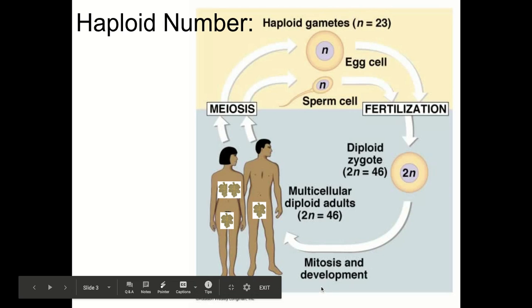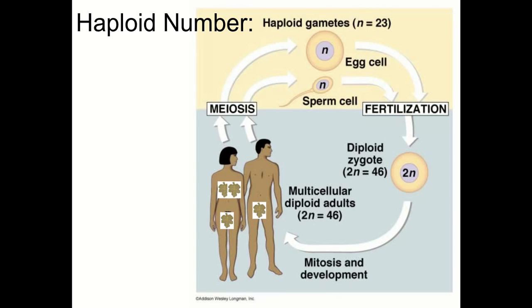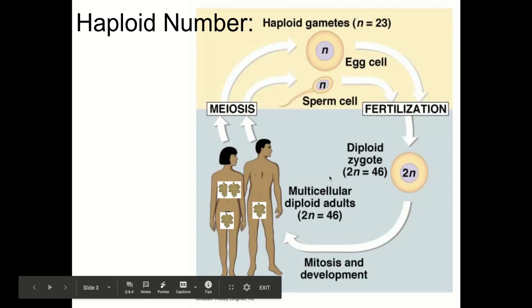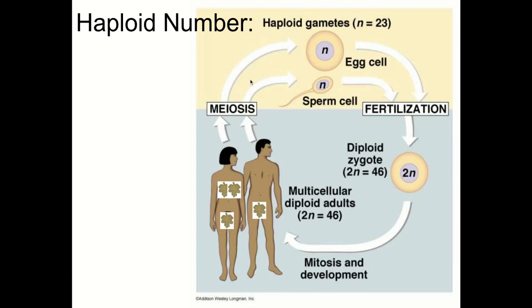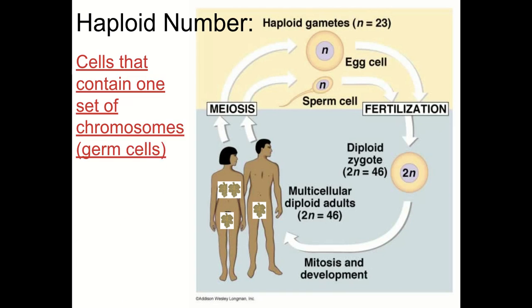So we are growing from that original cell eventually into a human being. From there, we can undergo meiosis, and then we can go back from mitosis to meiosis.